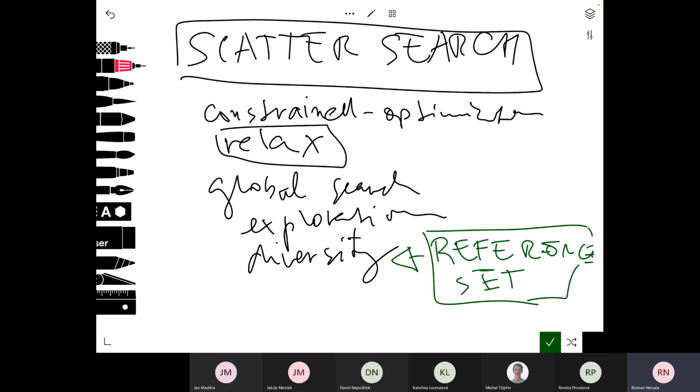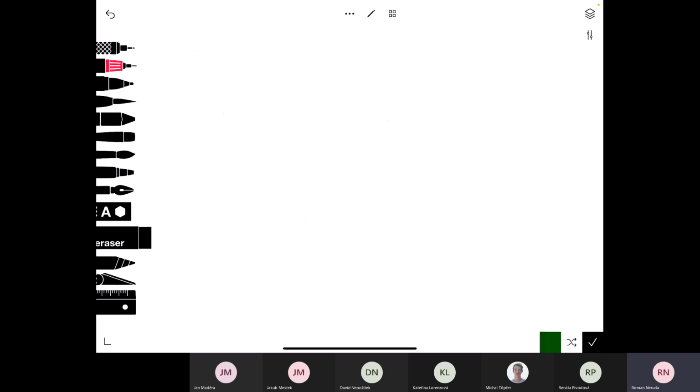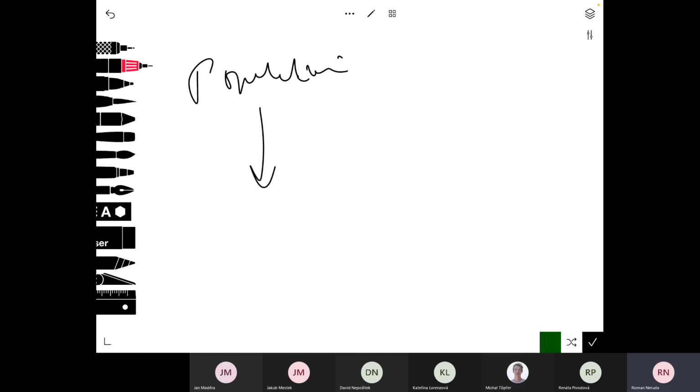So basically, we can think of it as the global outer loop of the evolutionary algorithm. So you have a population, and you're creating a new population.